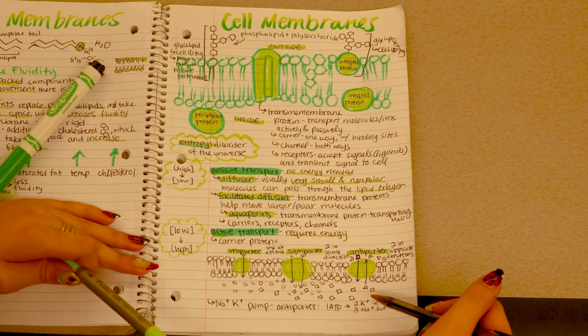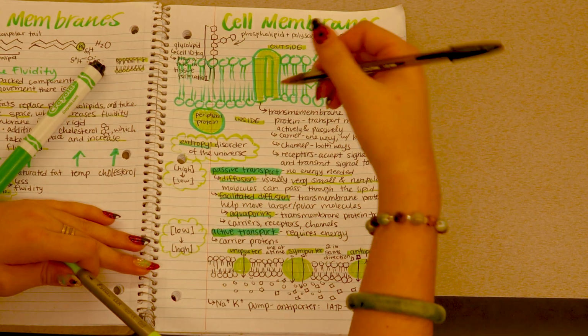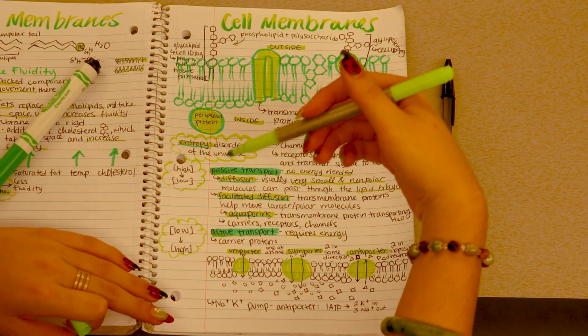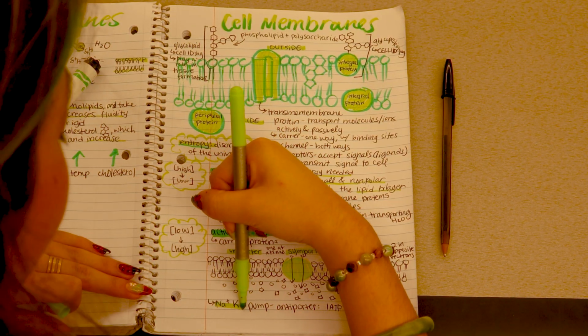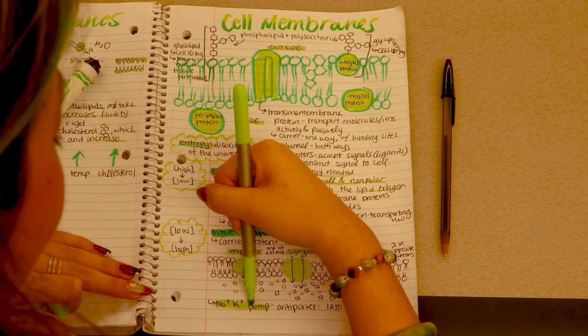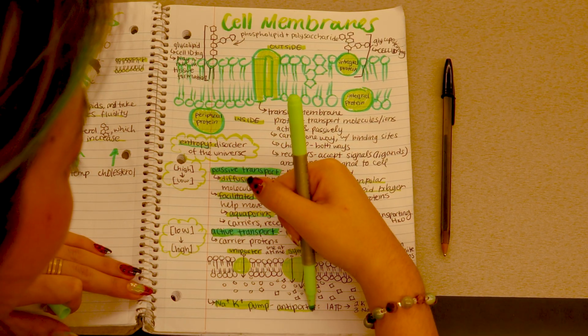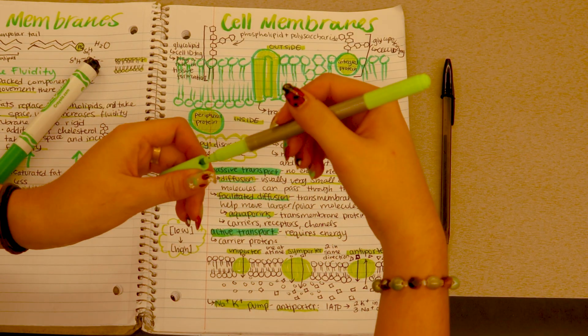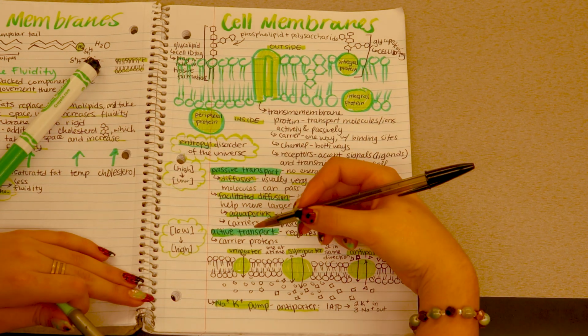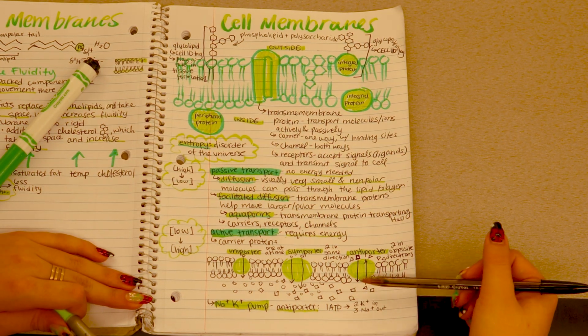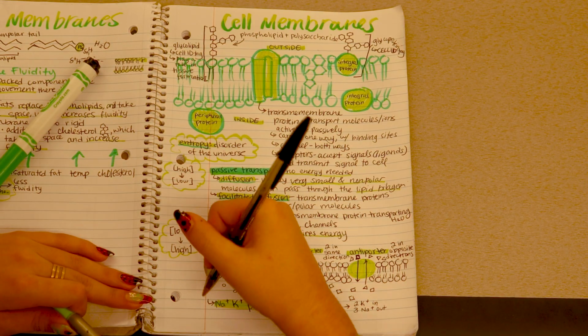That requires energy. This is just an example, the sodium-potassium pump, using an antiporter to put potassium in and sodium out. Here we're using ATP, our cellular currency.